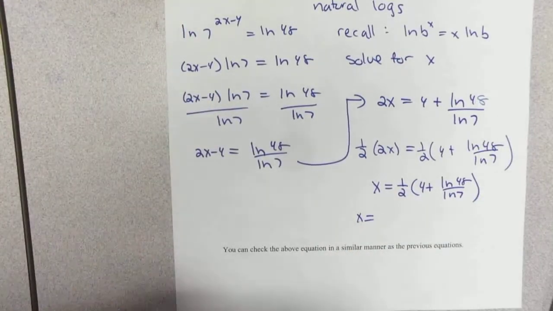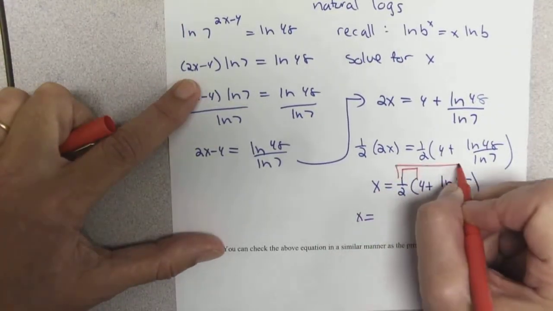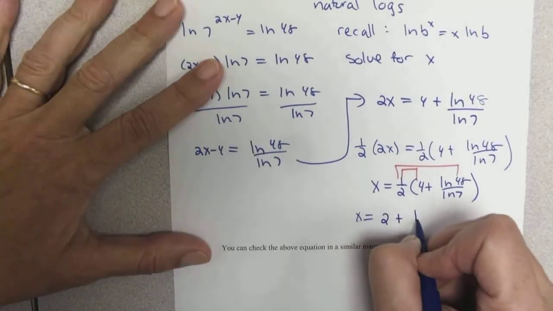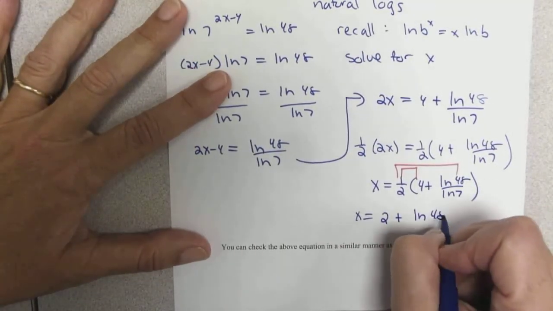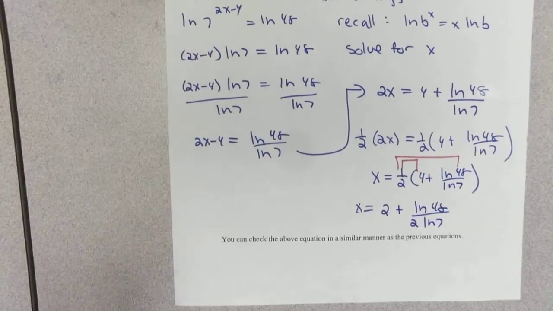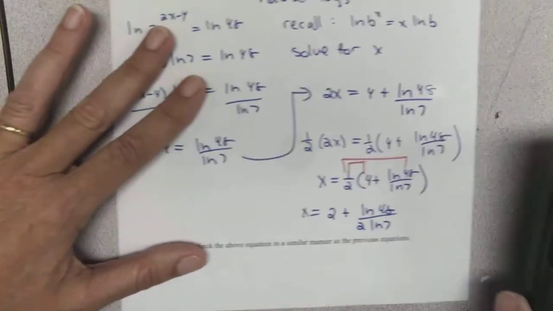If you wanted to, you could distribute that 1/2. So then I would have 2 plus the natural log of 48 over 2 natural log of 7. That's a perfectly good answer. You can make that answer look like anything you want, as long as it's correct.